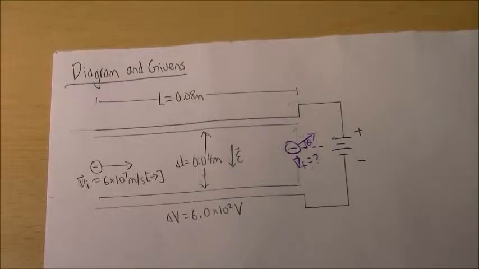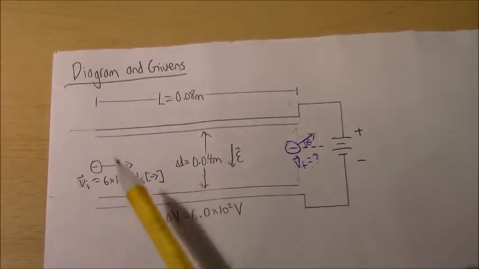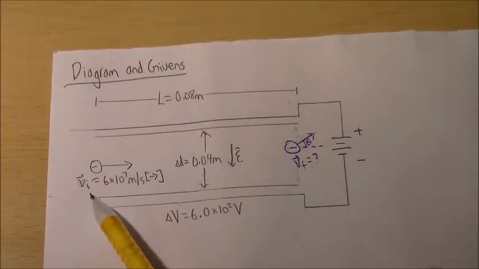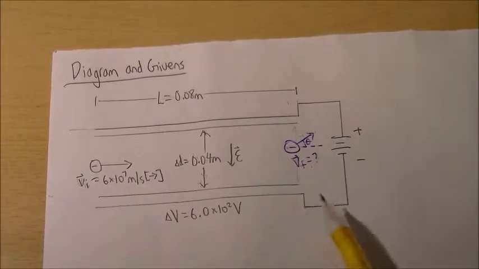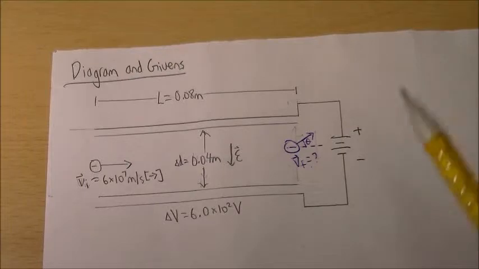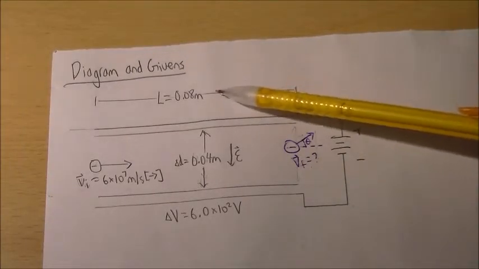Alright, so the first thing that we have to do for this question is to draw a diagram and state all of our givens. So first we're given that the electron has an initial horizontal velocity of 6 times 10 to the exponent of 7 meters per second towards the right. Next, since the SI unit for all of our formulas are in meters, I converted all of our measurements to meters.